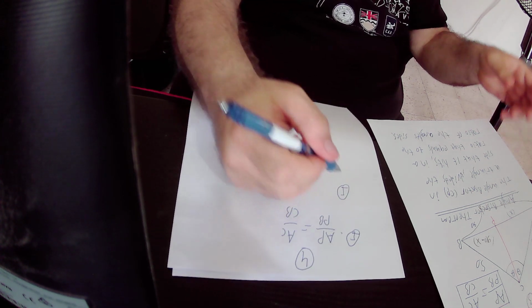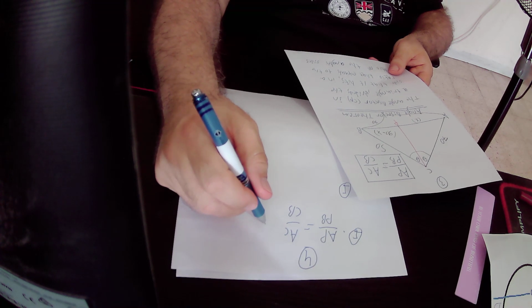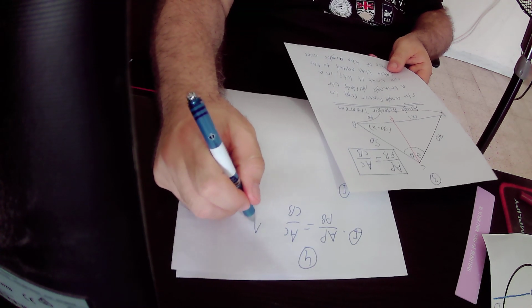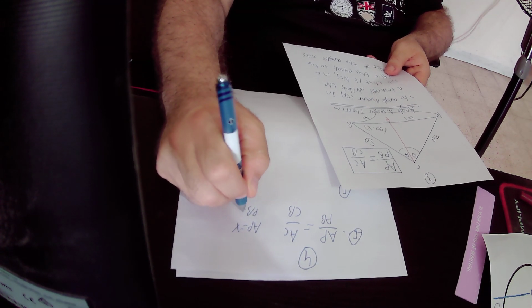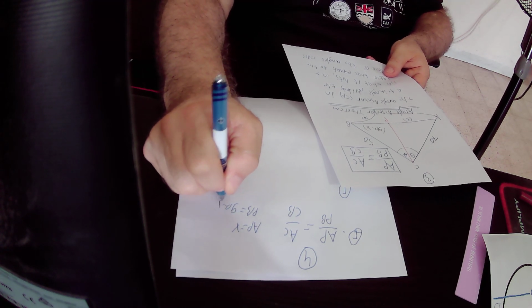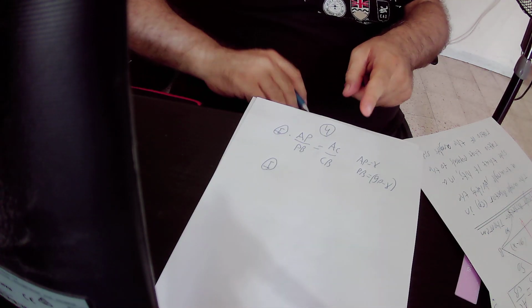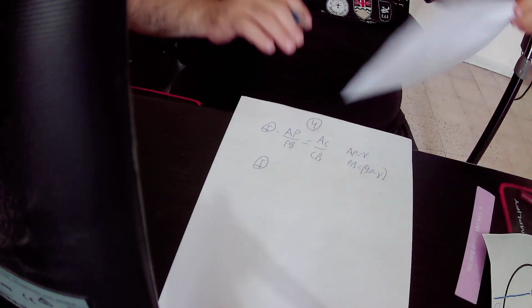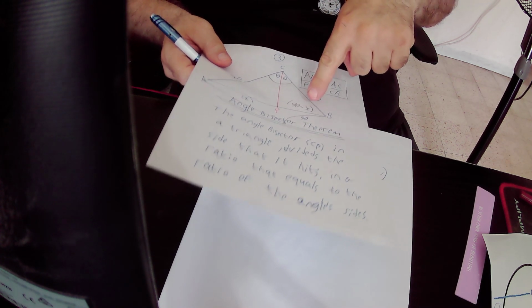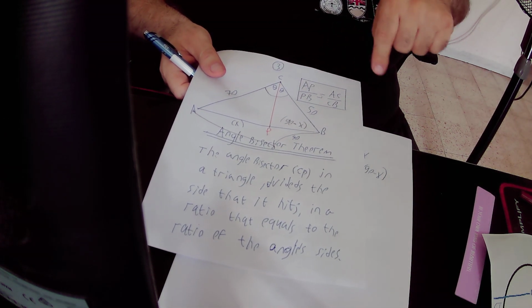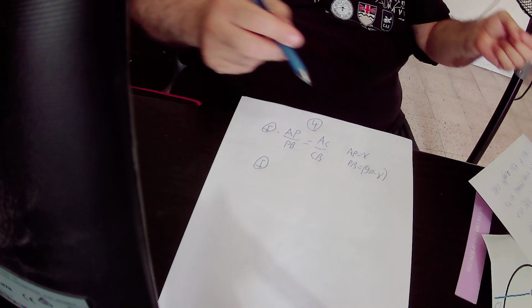As I've already mentioned, we defined that AP equals x and PB equals 90 minus x.